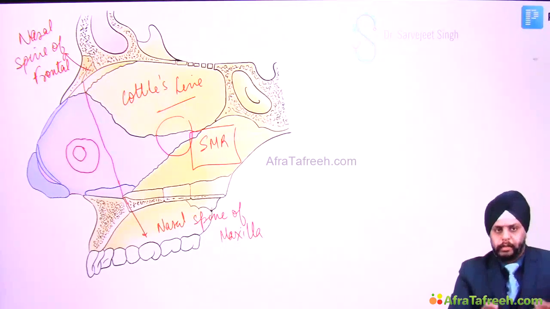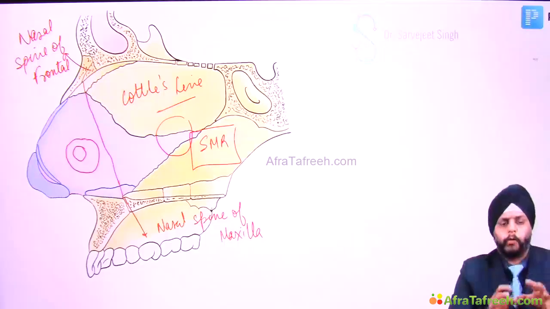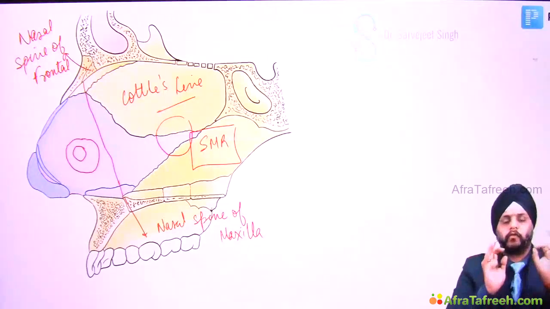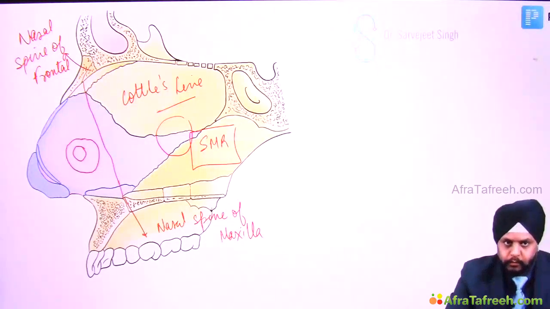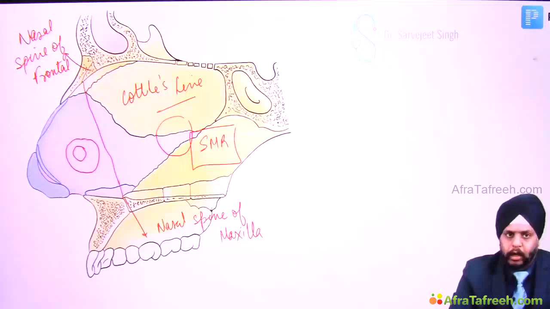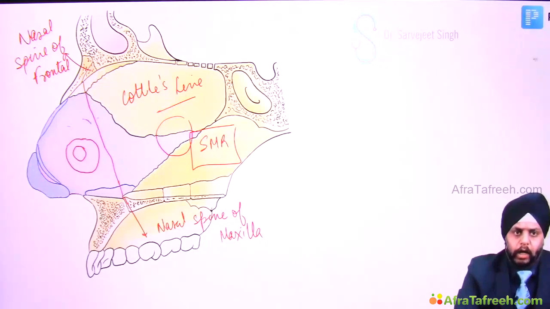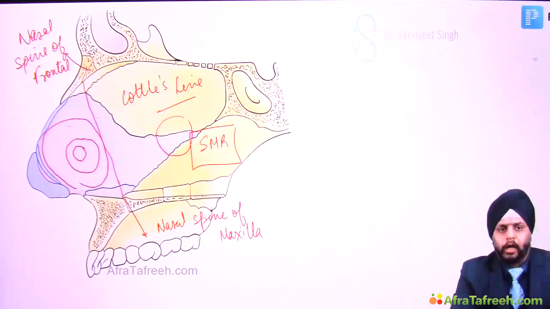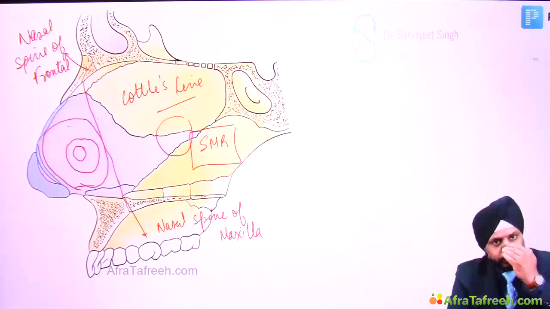Now remember, more problems are caused by small perforations. Large perforations are generally silent unless they become so large like this that the whole nasal septal support is gone and we have a septal collapse.